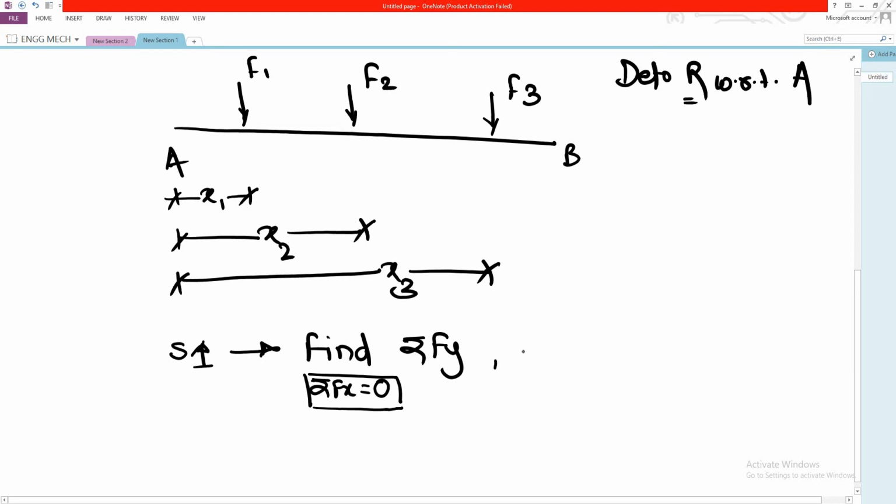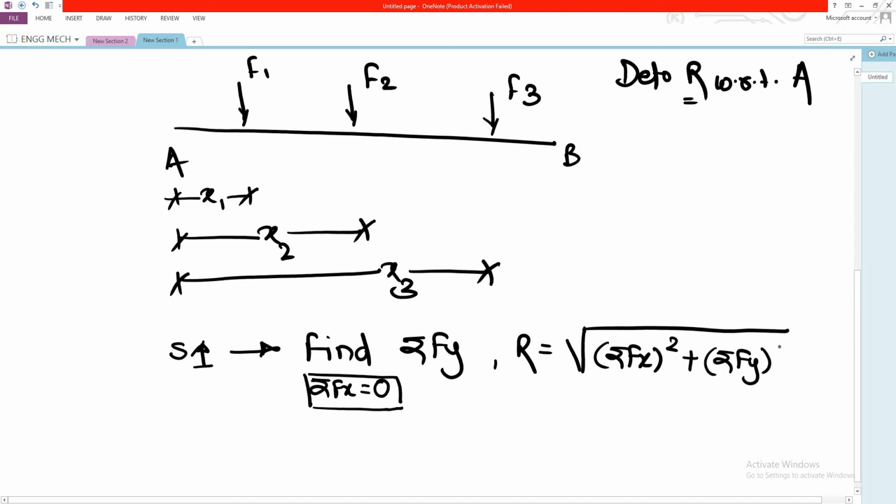Then the magnitude of resultant is determined by using the conventional formula that we saw while calculating the properties of resultant, that is magnitude, inclination and quadrant. Here only magnitude needs to be determined. The formula says R is equal to square root of sum of squares of summation Fx and Fy respectively. Here Fx is always going to be 0, so R is equal to square root of summation Fy square, which ultimately becomes R equal to summation Fy.